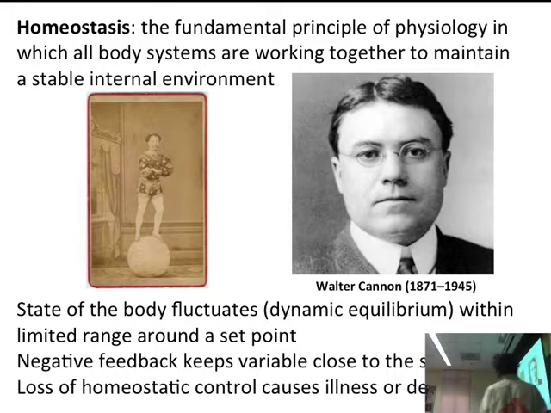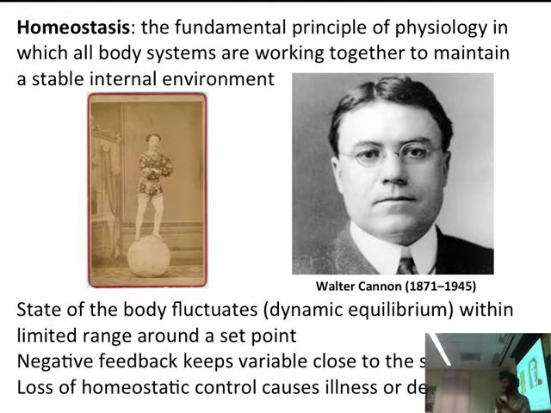All right. So the physiological state of the body is constantly in flux. So, for example, your temperature is always going like this. All right. And homeostasis is the process whereby your temperature is going like this and not like this, or not like this.